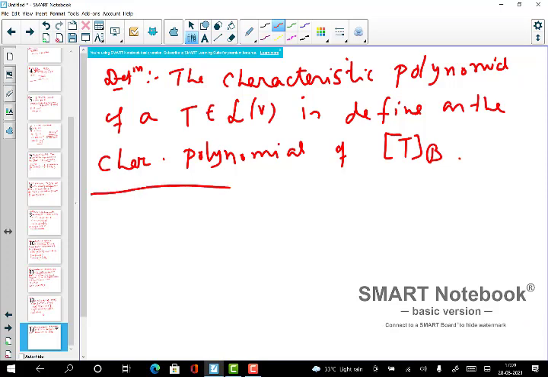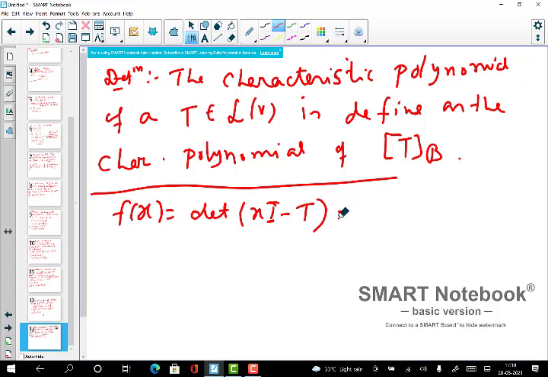So note that the characteristic polynomial, no matter which way you define it, determinant of xI minus T, or the other way, there will be only a change of sign, determinant of T minus xI.